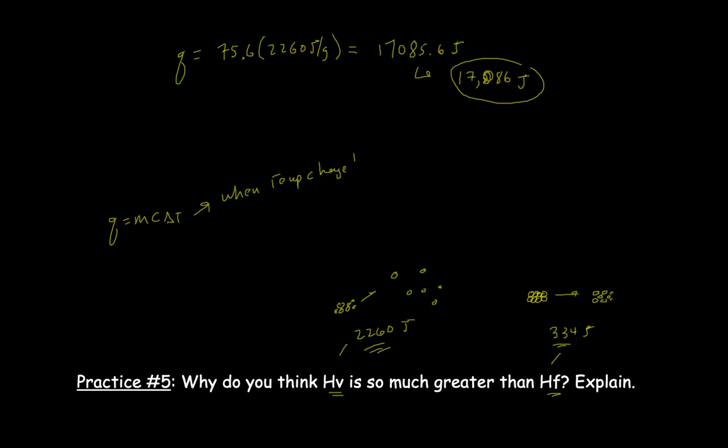You're going to use Q equals mHV when you have vaporization or condensation, so it's a phase change, right? And you're going to use Q equals mHF when you melt or freeze. So look for these words within the problem when you do your problems.